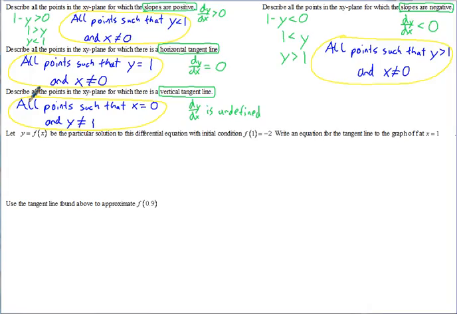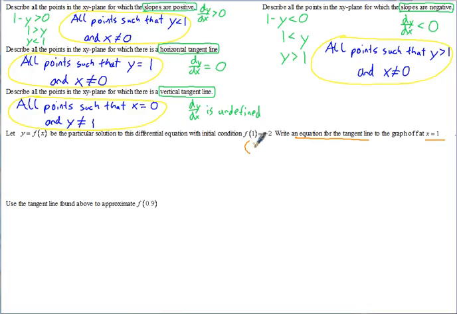And again, let's look at finding the particular solution. Let y equals f of x be the particular solution to this differential equation with the initial condition f of 1 is negative 2. And we again want to write an equation for the tangent line to the graph at x equals 1. Remember the two things we need for the tangent line are the point of tangency and the slope.